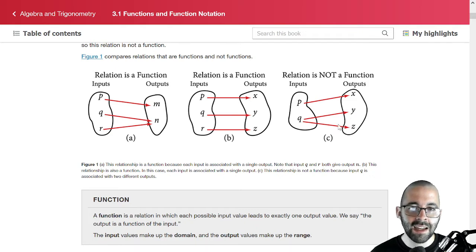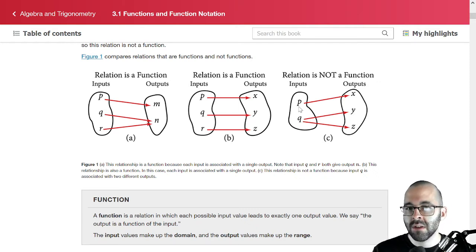Q goes to Y and Z. Since it goes to 2 places, it's not a function. And there's a reason why we talk about this. We want one answer. If I give you an x, the result, the output, should only be one thing. That's why we care about functions. And that's why Q should only go to one of these, not both. Because Q goes to both, it's not a function.